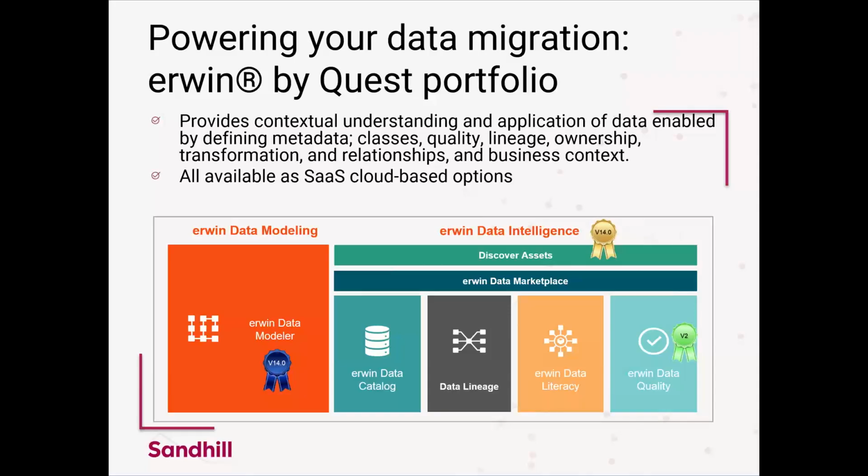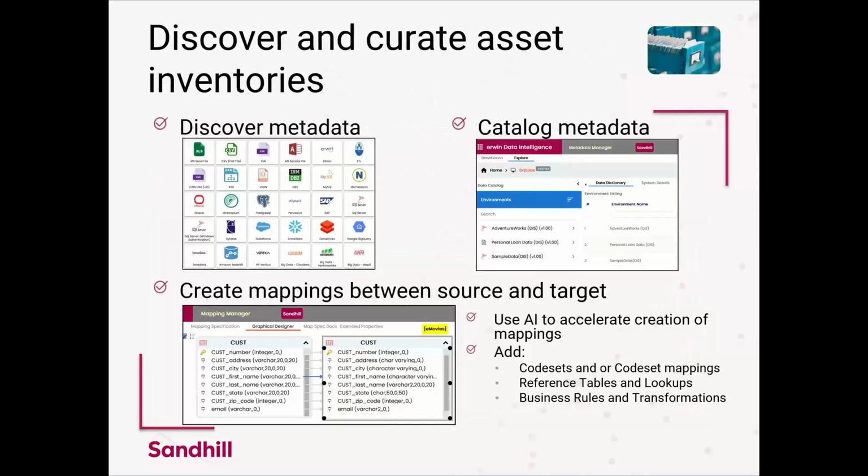So if we start thinking about some of the functionality and capabilities that we need to look at, some of the first things we need to do is to actually understand and discover our metadata. There's a number of ways that we can do this. In the examples I'm showing you here, we can use the Irwin Data Intelligence Suite, and they support a number of different sources of your metadata.